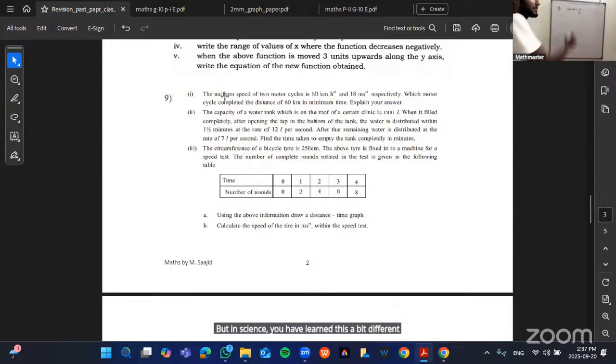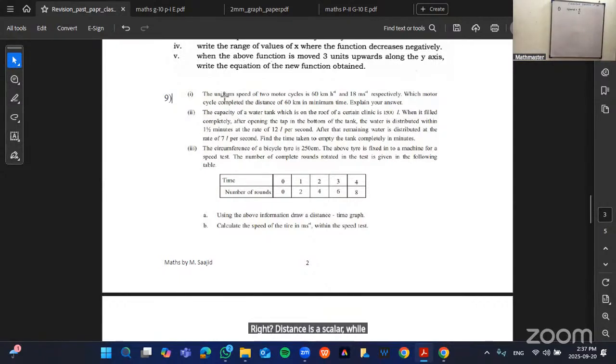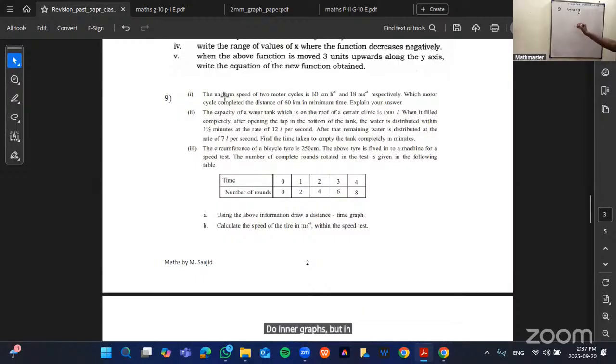This becomes velocity. So the difference between speed and velocity, you have learned that also in science. Speed is a scalar, while velocity is a vector. Distance is a scalar, while displacement is a vector. Here we use only scalar quantities to do the graphs, but in science sometimes you have directions to decide which side of the graph you have to draw. Okay, so let's focus on this.